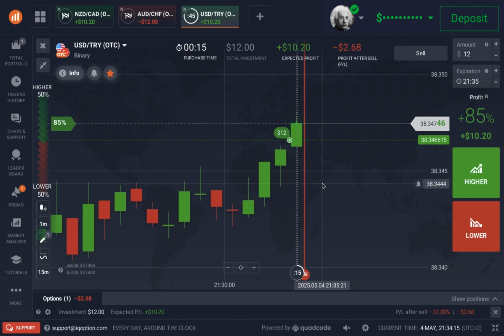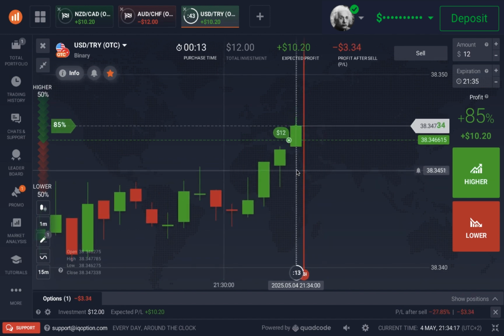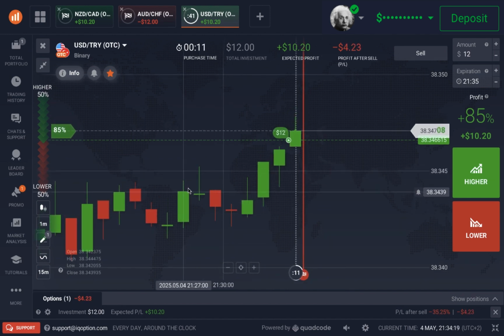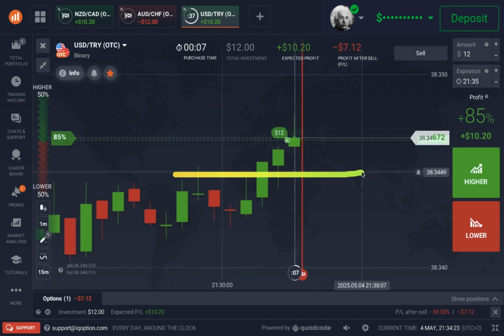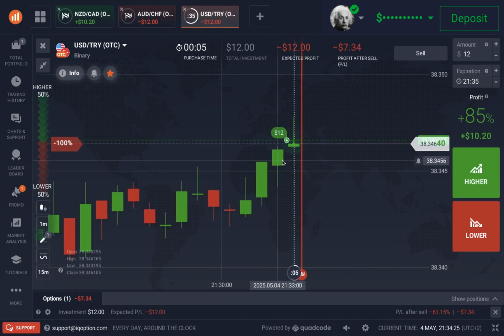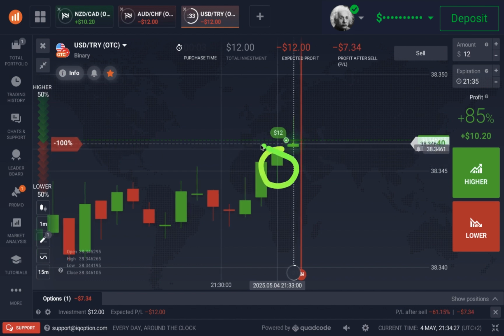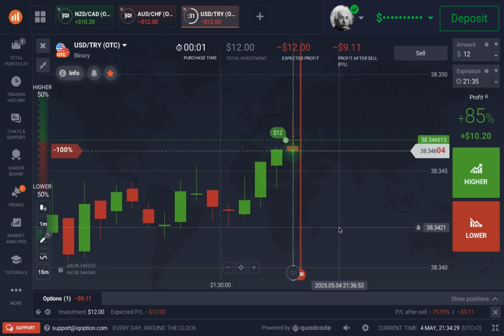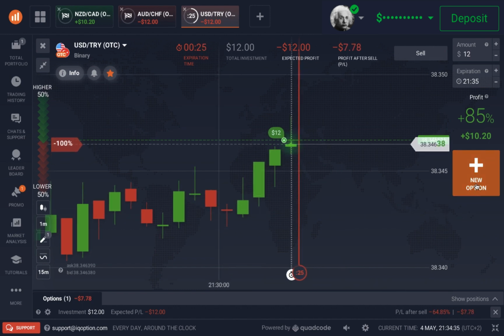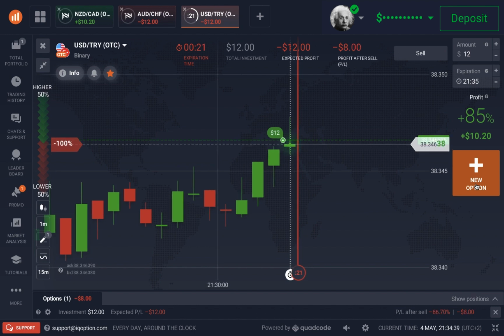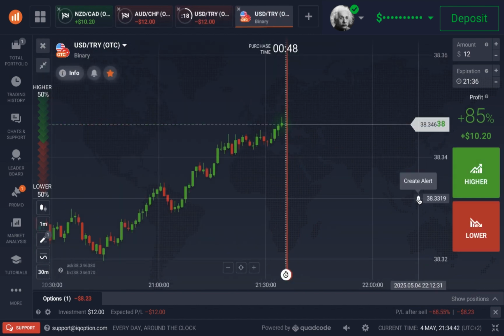After breakout this candle, this level after breakout this candle made a new high, so that's why I placed a higher option. And it's a strong candle after breakout.